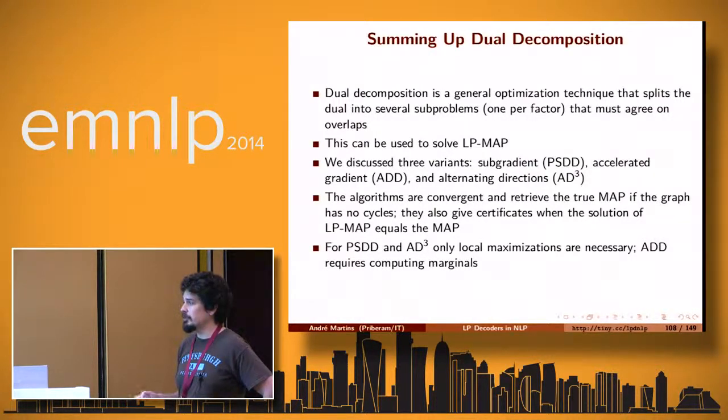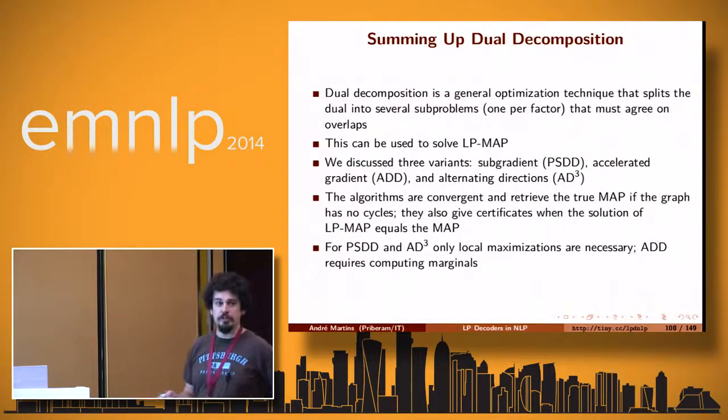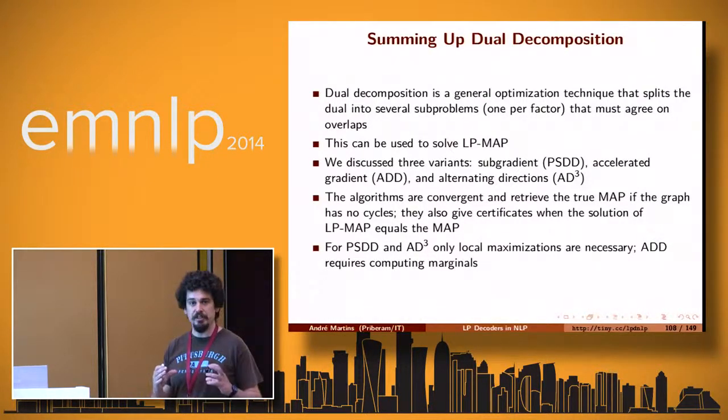They are guaranteed to retrieve the true MAP if the graph has no cycles. Another advantage of these algorithms is that they can give certificates if the solution of LP MAP is an integer. They realize at some point that all the copies are agreeing with the original, in which case they can immediately stop the algorithm and retrieve the true optimum.